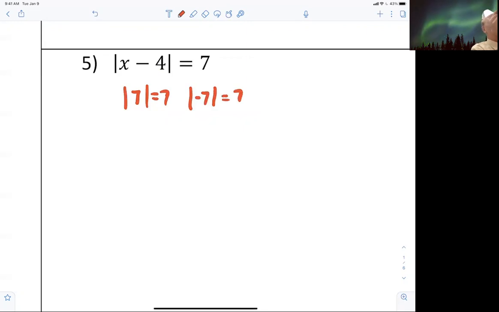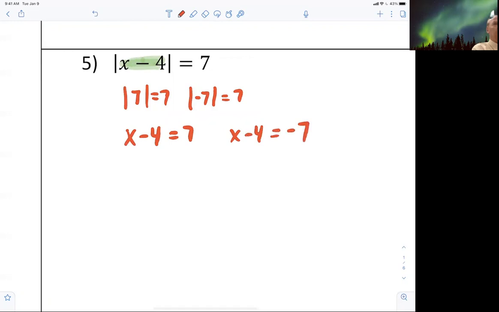So now here is the technique to solve an absolute value. You write what's inside the absolute value sign, and you set it equal to that number. And then you do the same exact thing, and you set it equal to negative 7. And now you solve that.